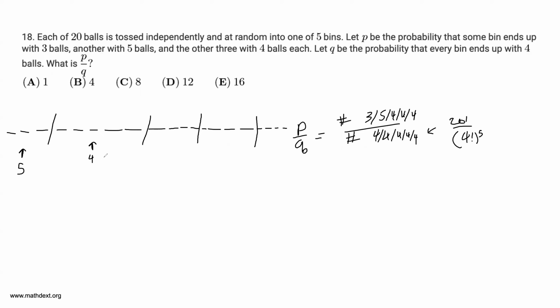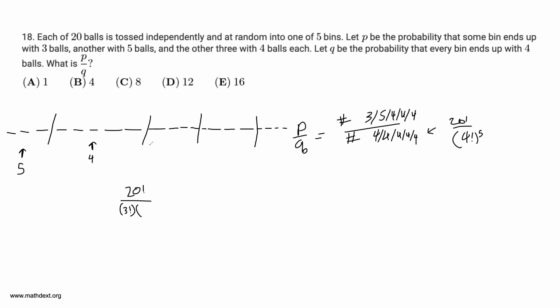Now, what we do is the same thing as before. We rearrange the 20 balls, 20 factorial ways to do so. Then you have to divide by, well, this first bin, there are 3 balls. So if you had A, B, C, that would be the exact same as if you had B, C, A. So you have to divide by 3 factorial for the first bin.